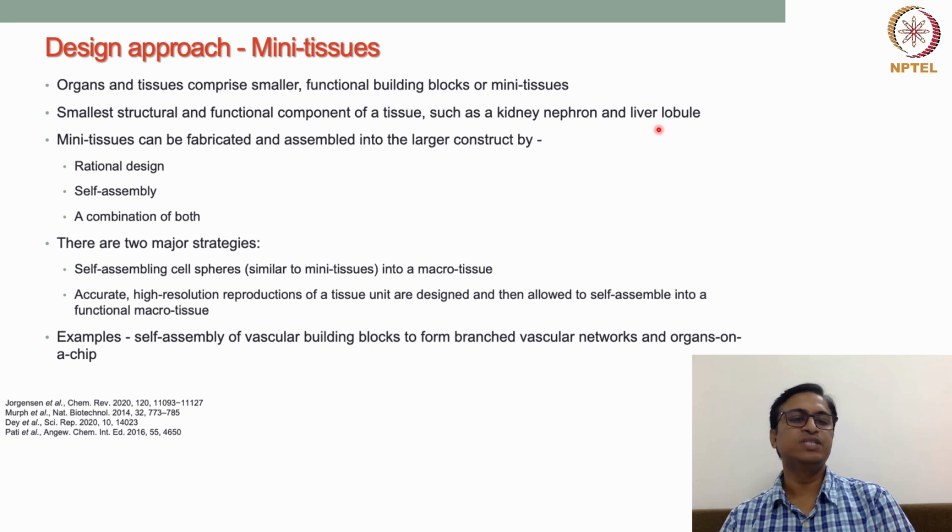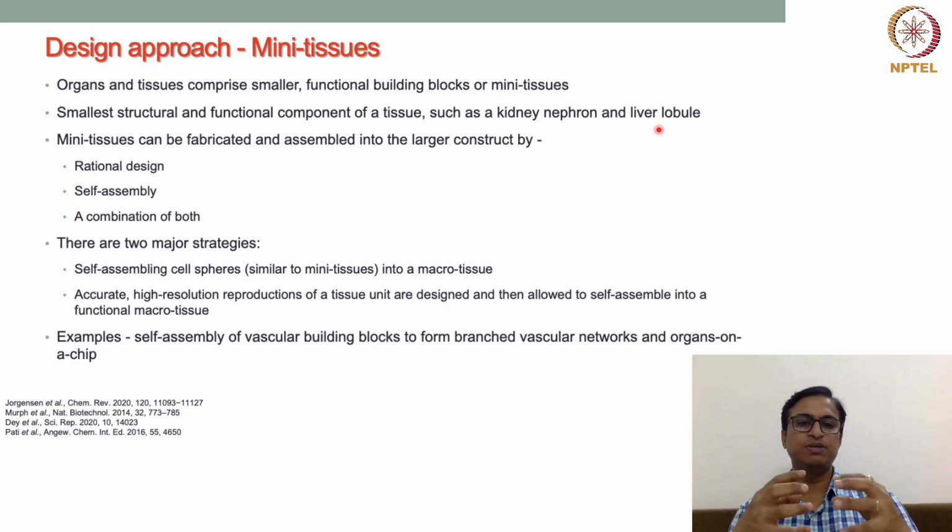So there are two major strategies to develop this kind of mini tissues. Either we can work only on the self assembly, where cell spheres will be produced. So that is the mini tissue, and then that can be put together to develop the macro tissue. In the other approach, we work on the accurate high resolution reproduction of that tissue unit.